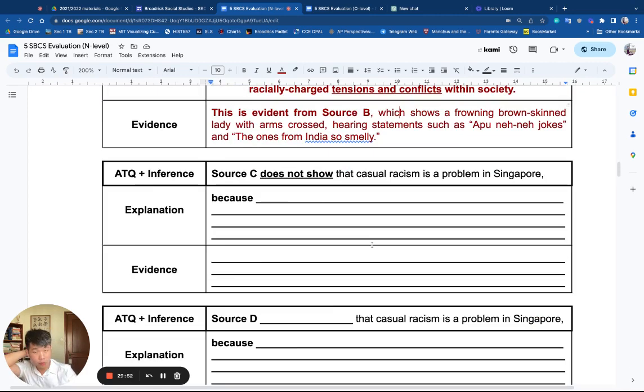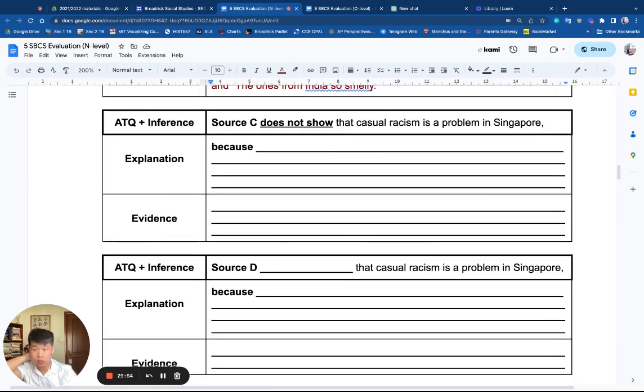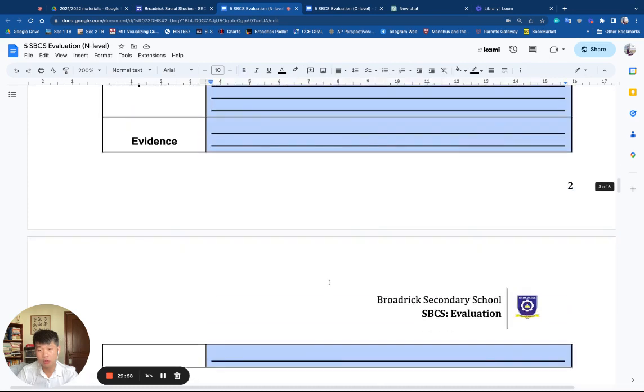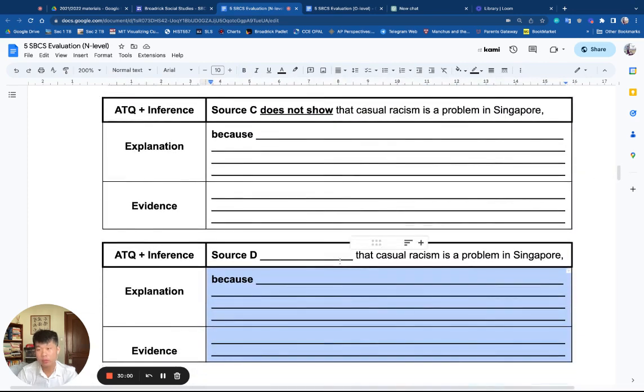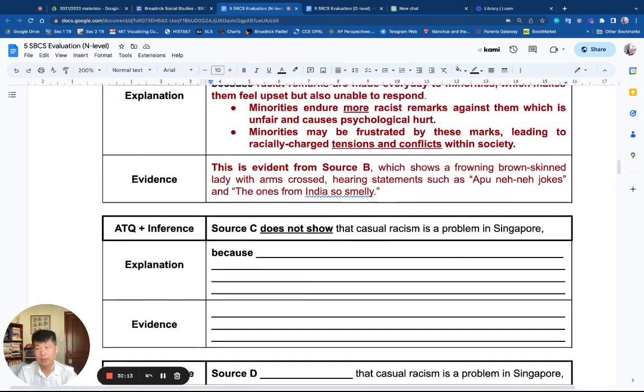Before I move on, for my students, your homework, complete these two boxes on your own for N level. Same for O level. You can use what I've taught in this N level lesson, apply to your O level notes, do the two boxes on your own at home, and then, you know my style, copy all four answers on foolscap with the question.